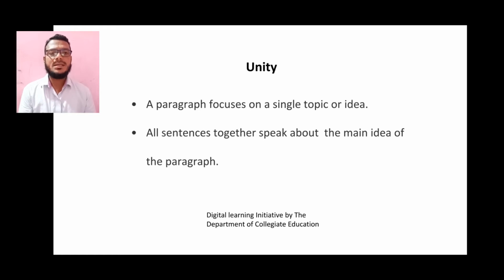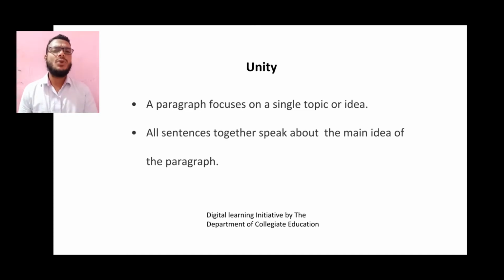And the second point of unity is that all sentences together speak about the main idea of the paragraph.